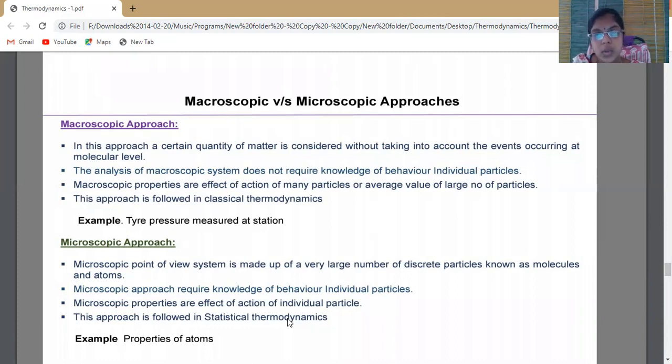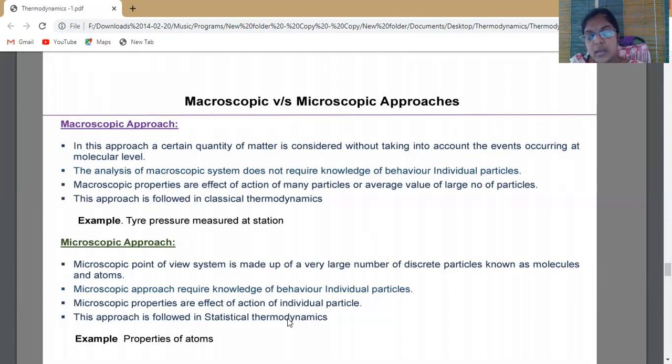We are considering each individual molecule of the particles. So one is P1, another is P2, and so on. It is taking so much time by taking individual molecules. So the microscopic approach we do not follow very much compared to the macroscopic approach.